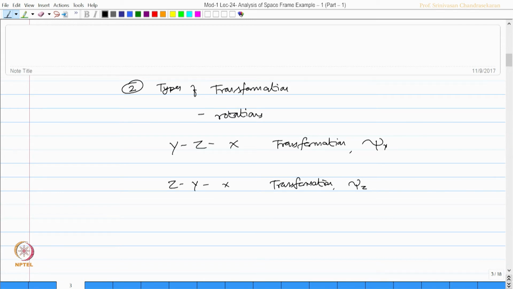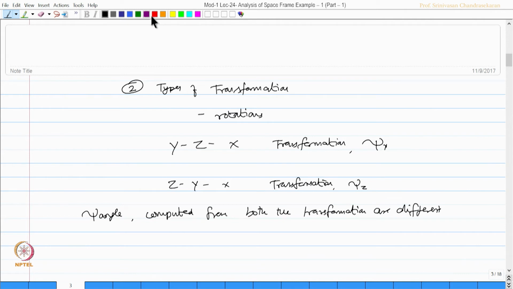Please understand, the angle psi computed from both the transformations is different.